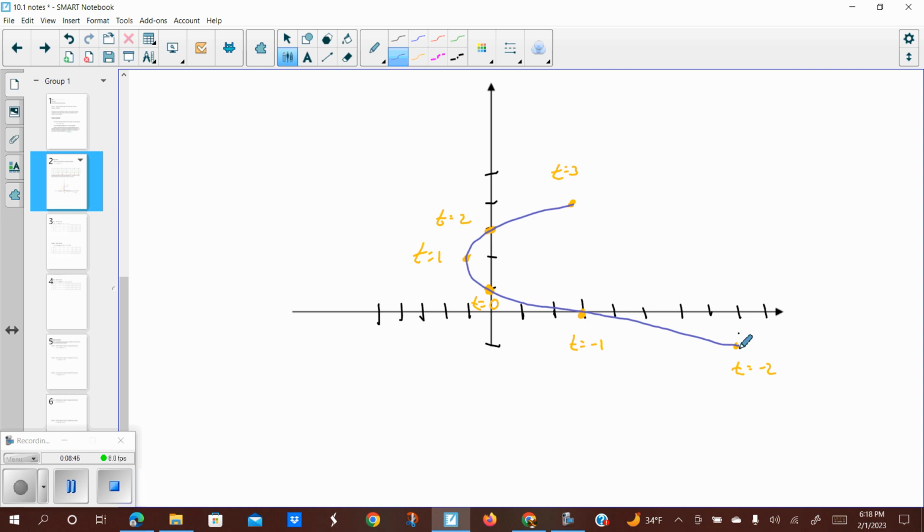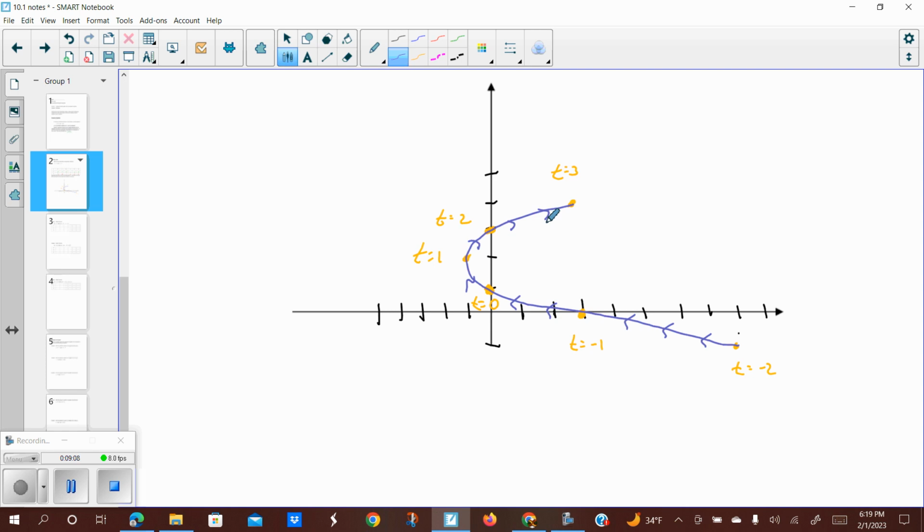So if you go in order, you can see the direction that this parametric function was created in. And as a matter of fact, what we tend to do is we put little arrows on here indicating the direction of travel or the direction that you are sketching this in. And that shows you the actual direction that the parametric was formed in.